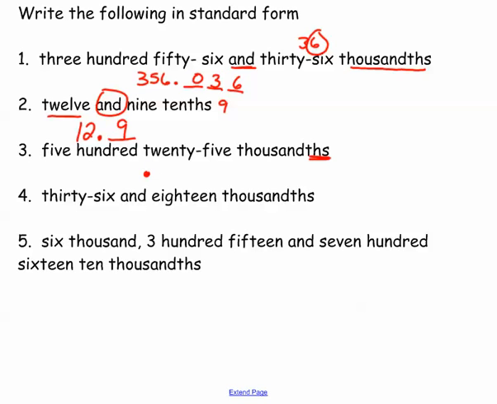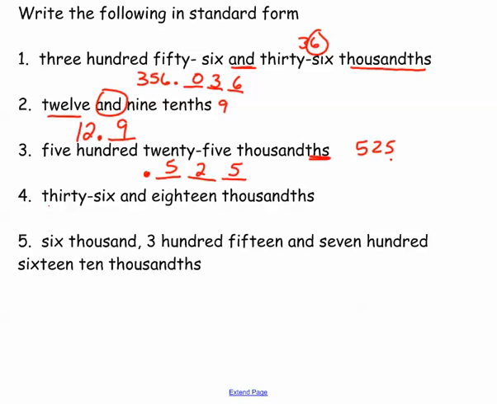So here's my decimal. Let's make sure we know how to write this. 525. Well, 525. You know how to write that. And then the thousandths. So there is the tenths, the hundredths, and the thousandths place. So my last digit needs to go there, then fill in. 525 thousandths.